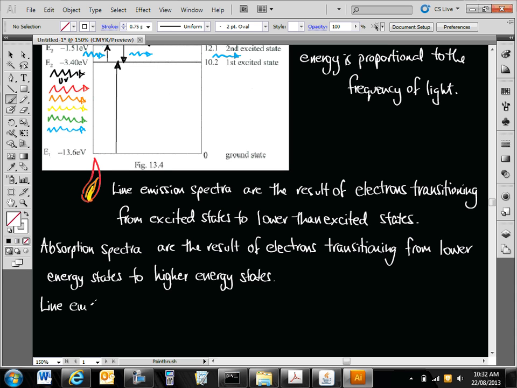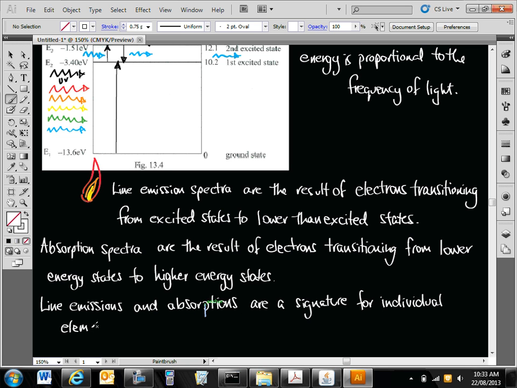Line emissions and absorptions are a signature for individual elements or compounds.